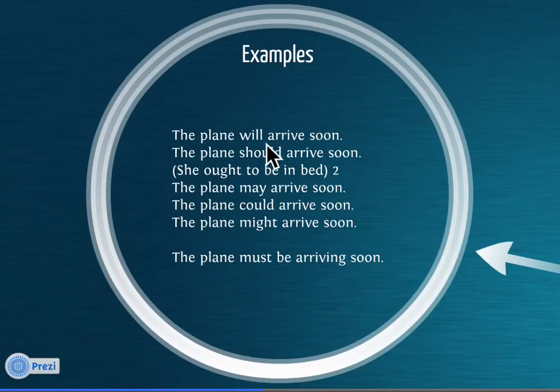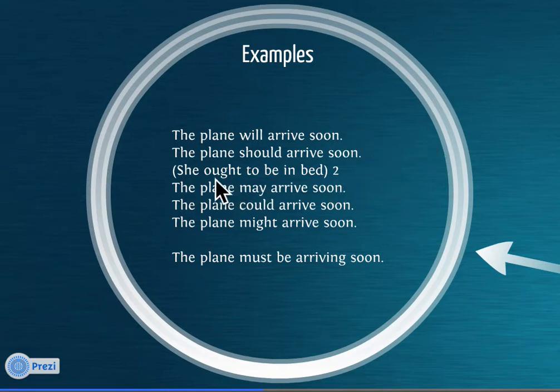The plane will arrive soon, I am sure. Or the plane should arrive soon. And again, as you can see, it is like in the present, but all we add is a future expression. That's it, there is nothing you have to do.